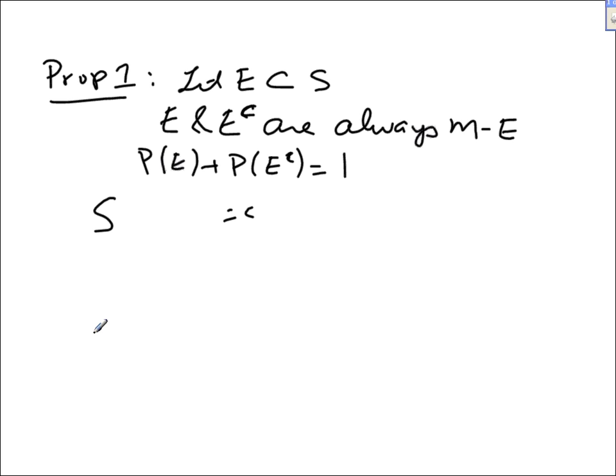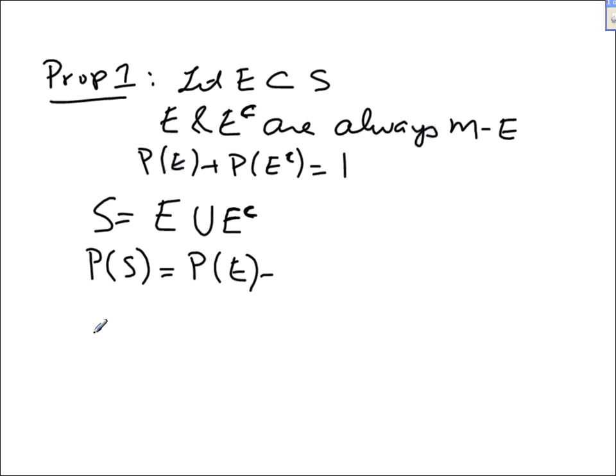The sample space is E union E complement. Therefore, the probability of S is equal to the probability of E plus the probability of E complement.